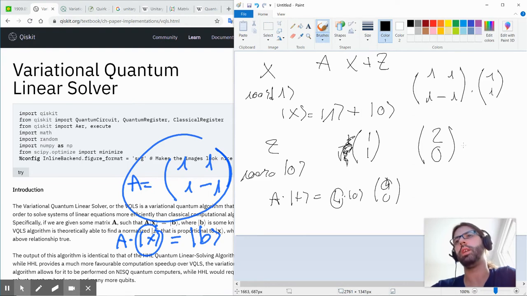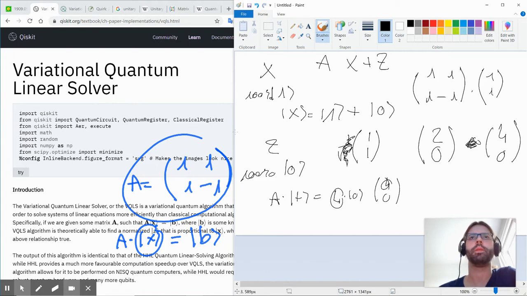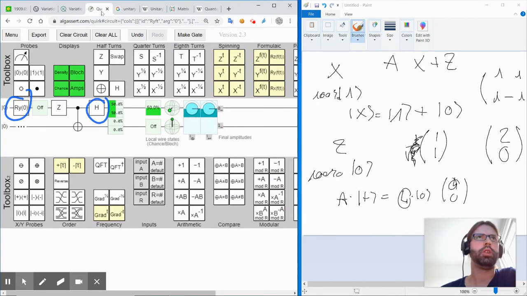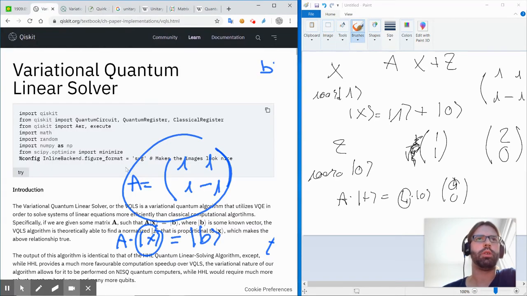So actually, that is proportional to the solution, right? I'm just missing a factor of 2. Proportional. So that was not bad. But I think my intuition can't be that wrong.